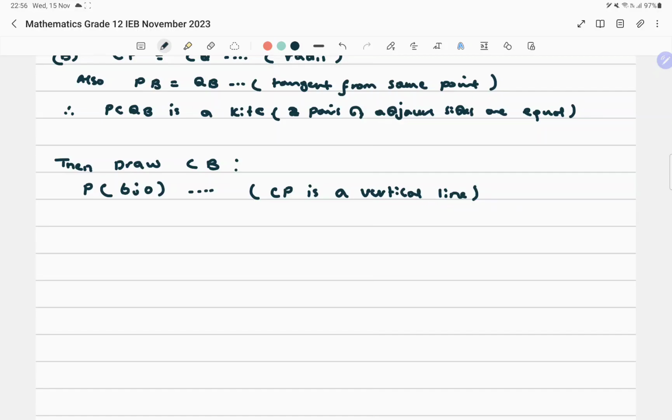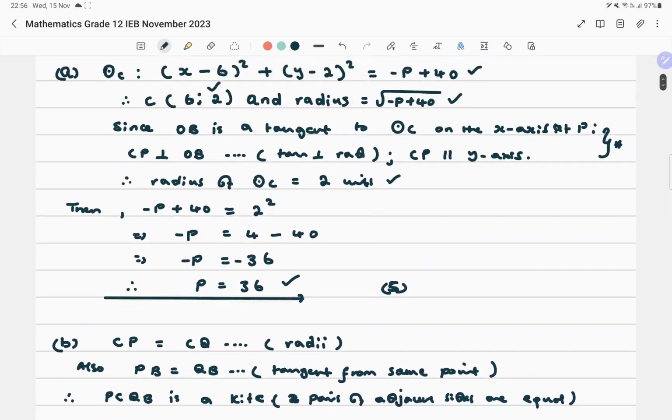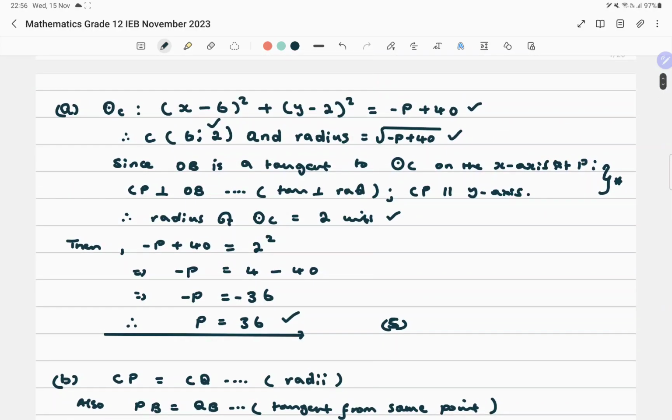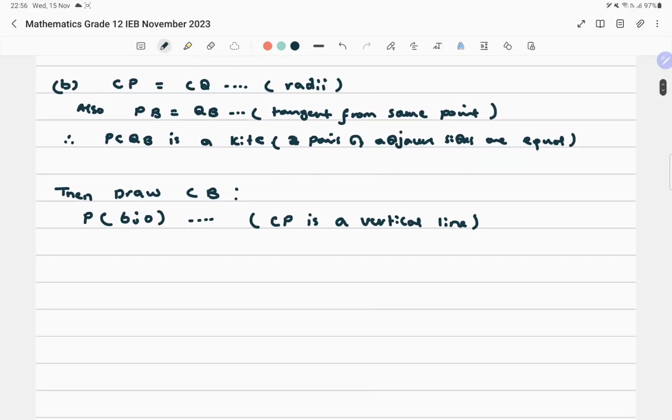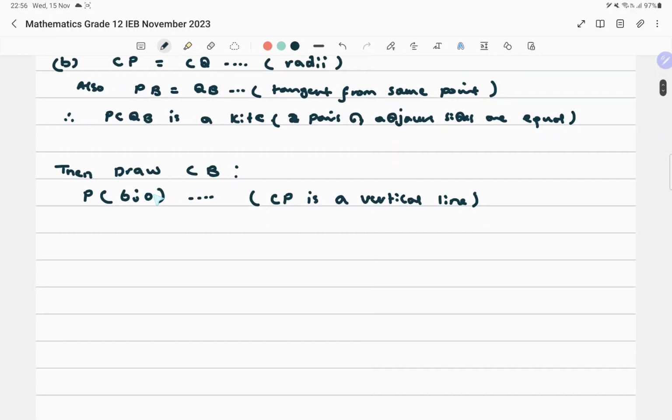Obviously the tangent meets the radius at right angles, so those are some of the things that we mentioned. Yes, we did mention it, so it makes life a lot easier. But we need to state those coordinates. Okay, so this is going to take us somewhere.